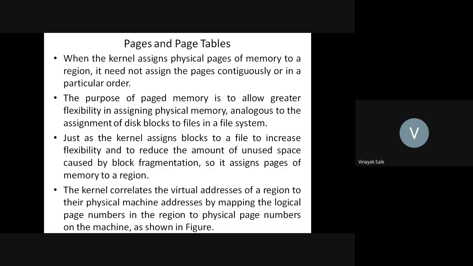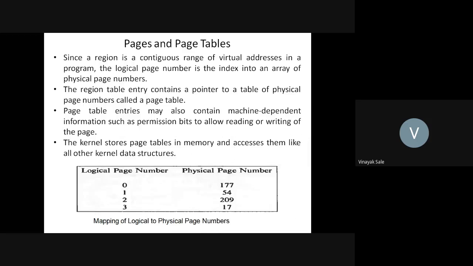The kernel correlates the virtual address space of a region to its physical machine addresses by mapping the logical page numbers in the region to the physical page numbers on the machine. See this figure: the mapping of logical to physical page numbers.